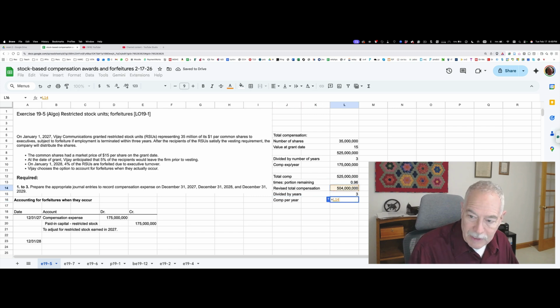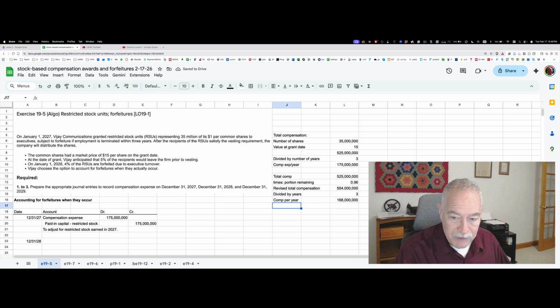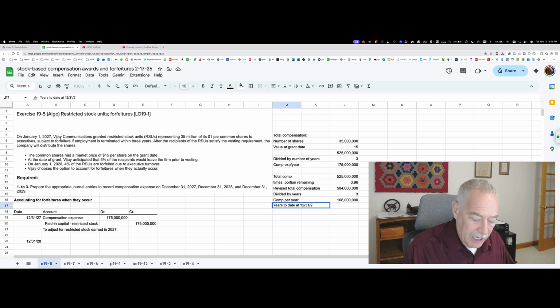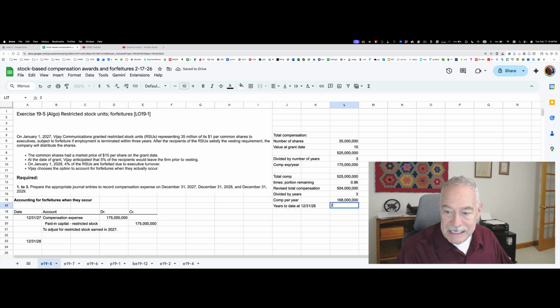504 divided by 3, 168 million is the revised comp per year, times years to date. Because we're at 12/31/28, we're making an adjusting entry, and that's 2 years to date.